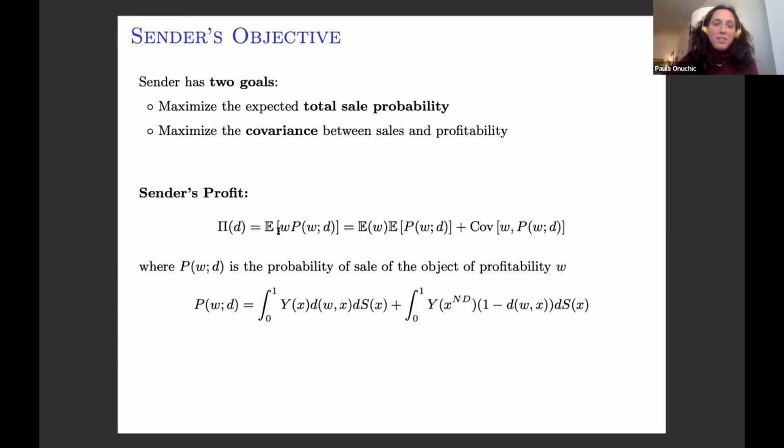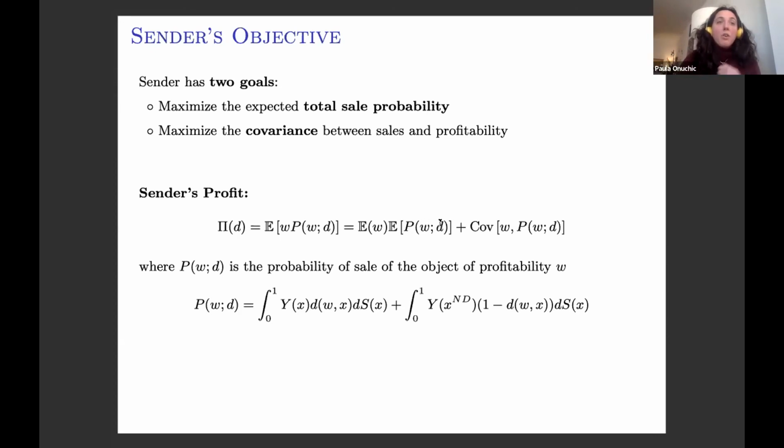So you see here, that's exactly what I have here: W times P of W, the expected value of that. Importantly, I can split this into two terms: the expected profitability of this object times the expected probability of sale, plus a covariance term.